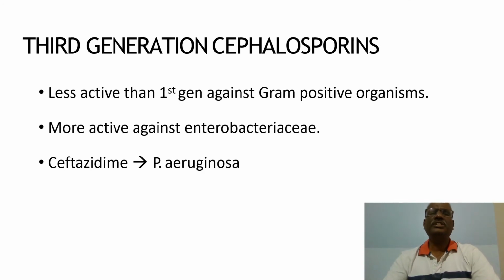The third generation cephalosporins are less active than the first generation against gram-positive microorganisms, whereas they are more active against the Enterobacteriaceae. Especially ceftazidime is used for the treatment of Pseudomonas aeruginosa infections.